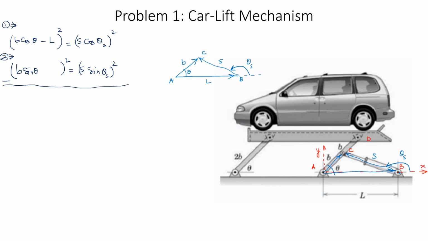So this addition is going to result in, on one side, S squared taken common, and then you have cos squared theta_S plus sine squared theta_S, which obviously you can understand is going to be equal to 1. On the other side, you can write B cos theta minus L squared added with B squared sine squared theta.